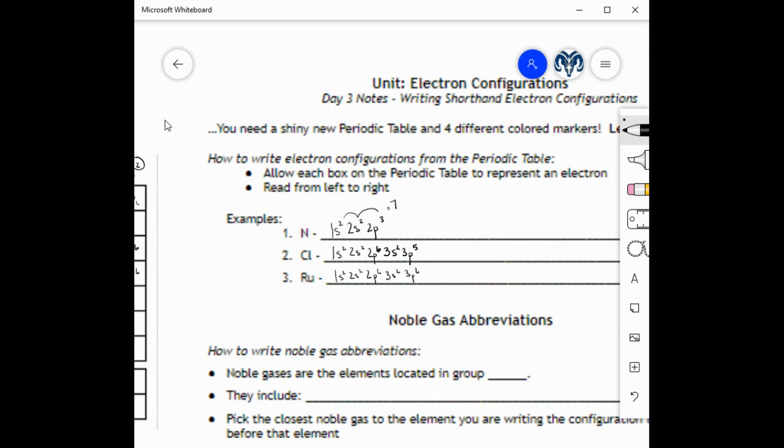Then we're going to go to 4s2. Then we go to our 3d10. Then our 4p6 down to the 5s2, and then we end with 4d6. Remember, I'm just reading from left to right.